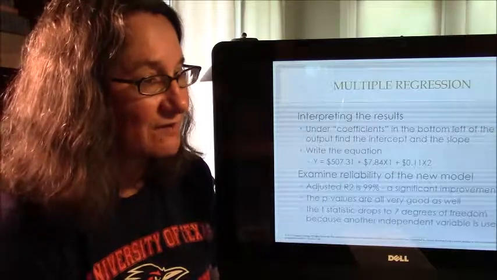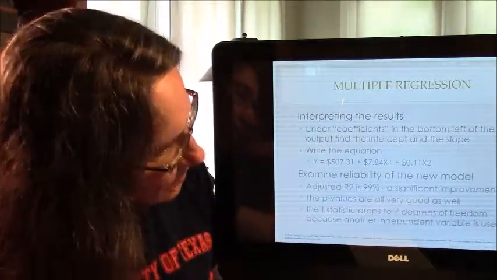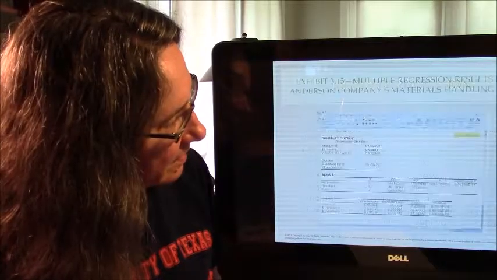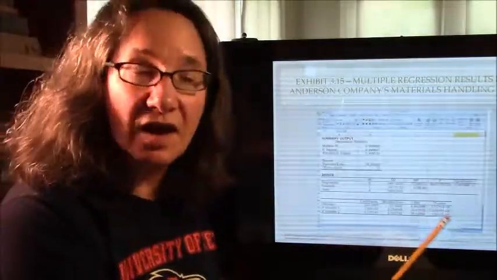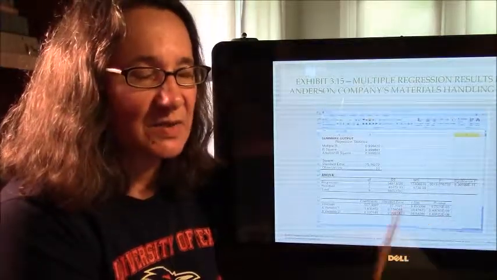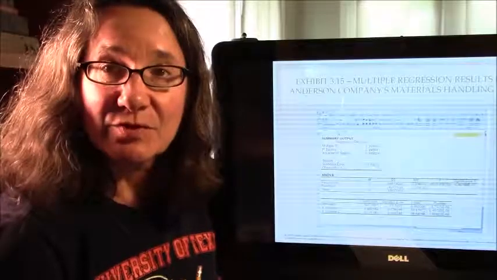The t-statistic drops to 7 degrees of freedom. I guess we didn't really talk about degrees of freedom, but hopefully you learned that in statistics. Degrees of freedom is used to calculate the t-test. It's simply number of observations minus number of variables.